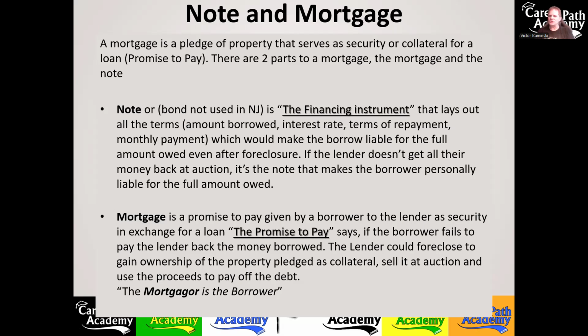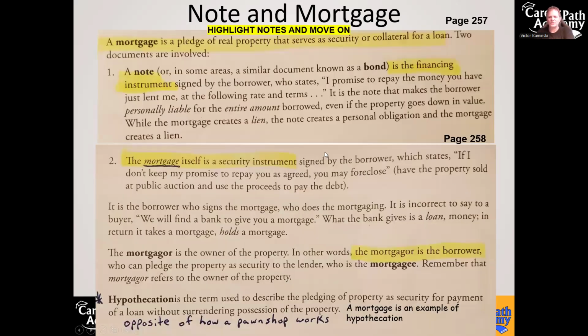The mortgage is just your promise to pay, where you're pledging that property as collateral that you're buying with that loan. If you fail to make the payments, they can foreclose, sell the property at auction, use the proceeds to pay off the debt. If the proceeds are not enough, well, the note makes you personally liable for the balance and paying it back. Okay, so let's do some highlights.